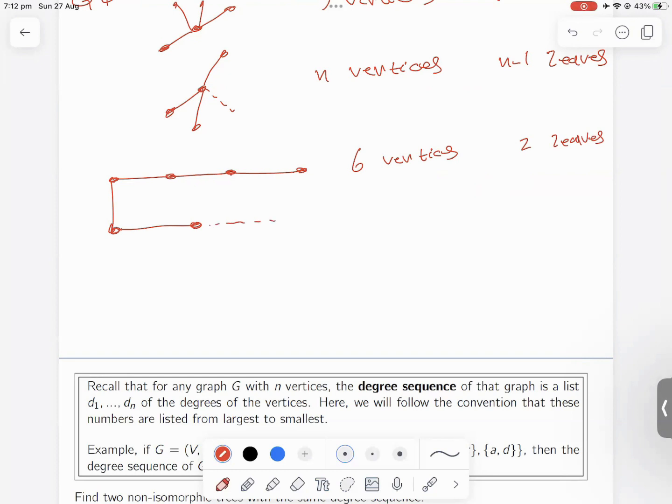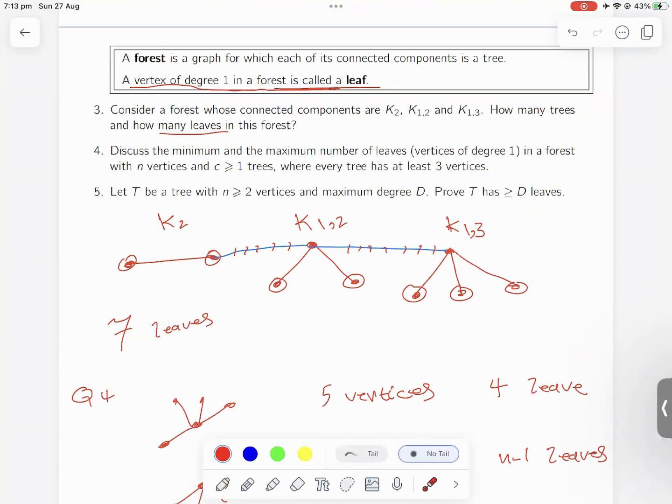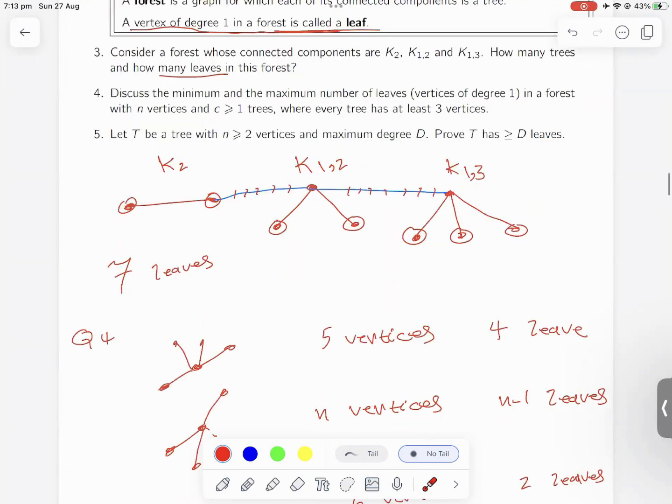And if it's just linear, n vertices, we will have again 2 leaves. Okay, so the question is about the minimum and maximum number of leaves, vertices of degree 1, in a forest with n vertices.